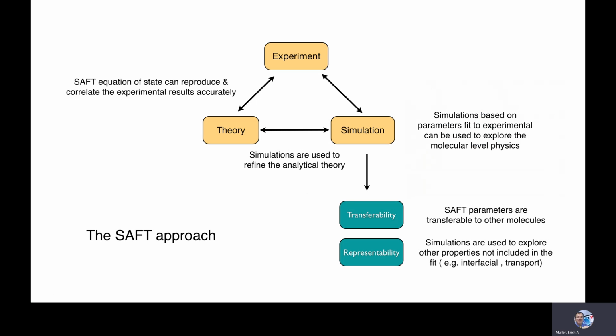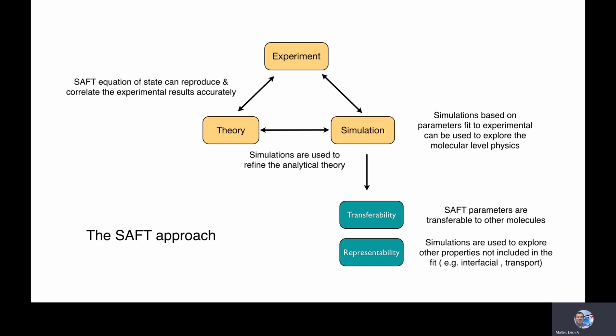So the SAFT approach deals with the classical idea of how to build an equation of state. Usually, if we start with experiments, you would be interested in using a theory. Now, this theory tries to mimic the experiments, but most likely fails. And when that happens, one is not very sure why it fails. Is it because the theory itself is badly constructed?